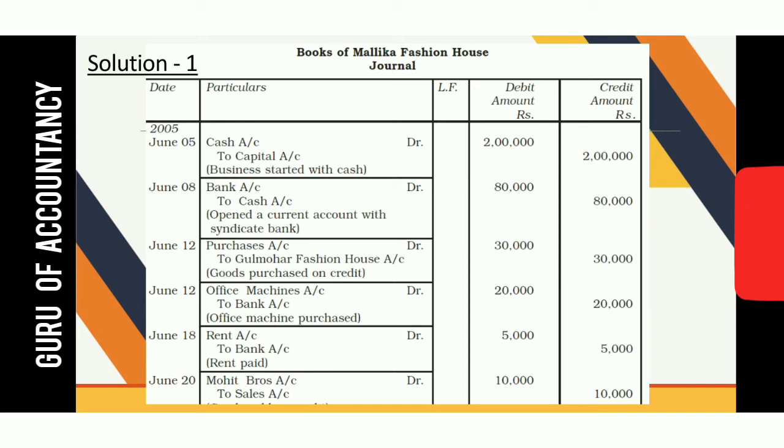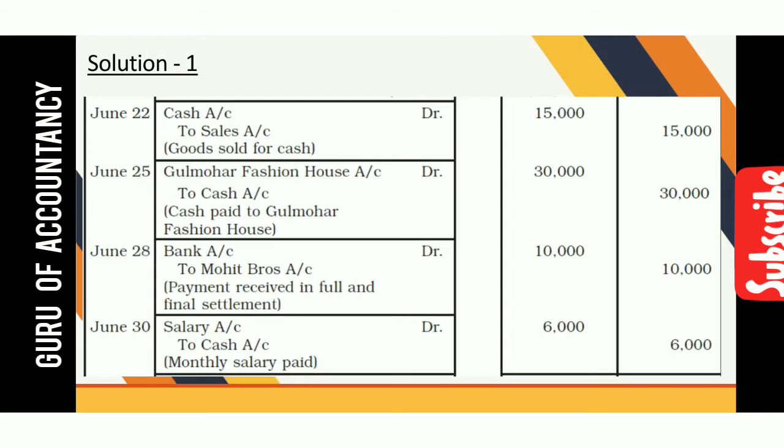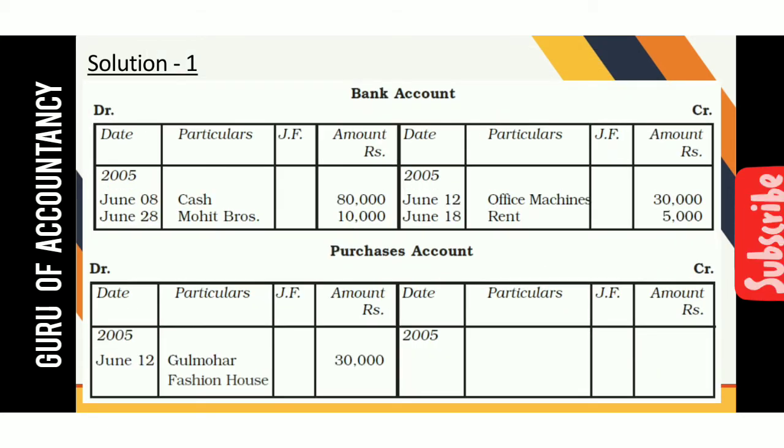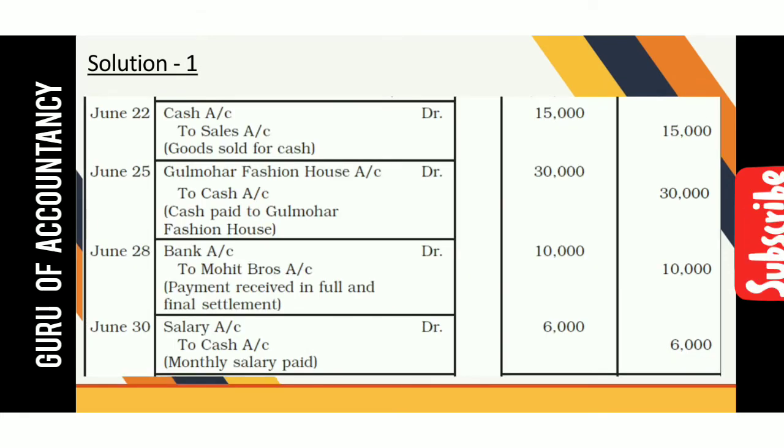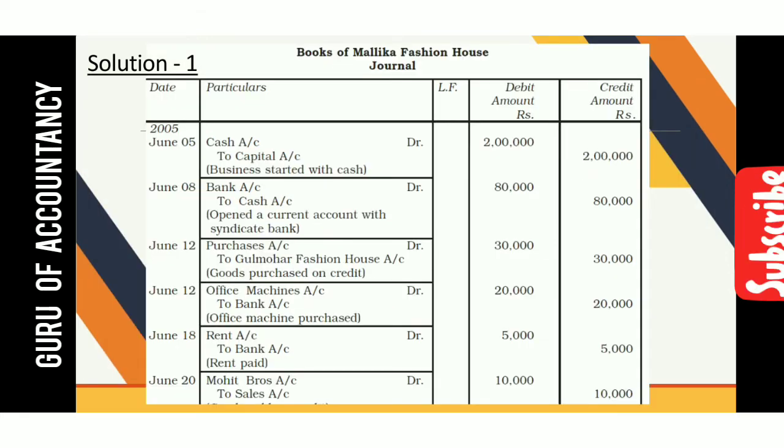Third transaction, June 12. Purchase account debit to Messrs. Gulmohar Fashion House. So here on the debit side of the purchase account you will write to Messrs. Gulmohar Fashion House rupees 30,000. Let us see. See the purchase account debit side: June 12, Messrs. Gulmohar Fashion House 30,000. And our entry was purchase to Messrs.